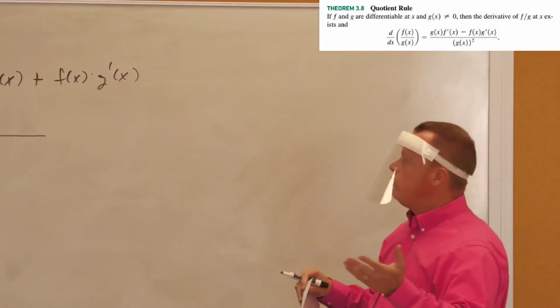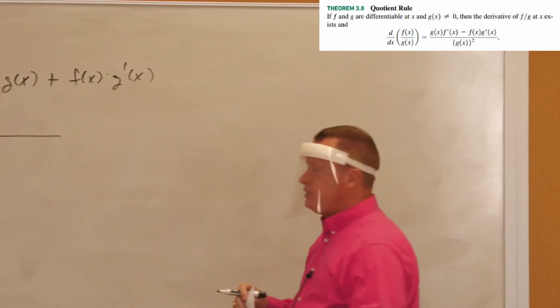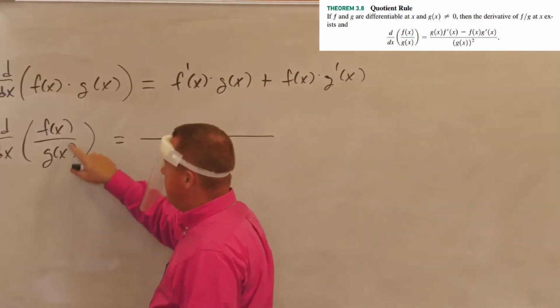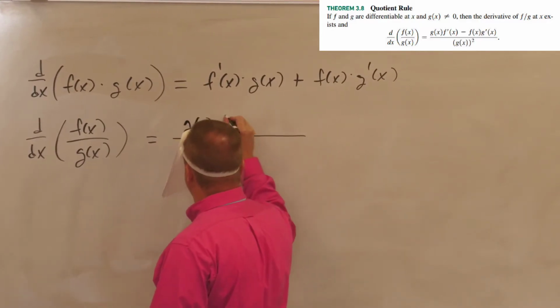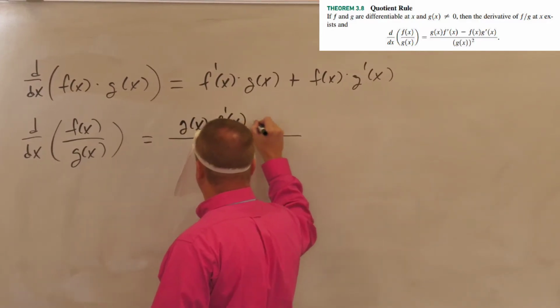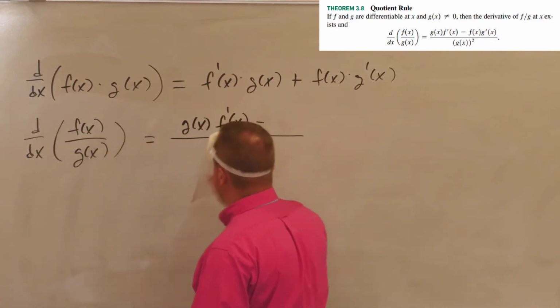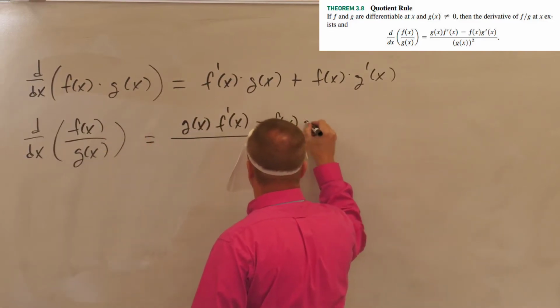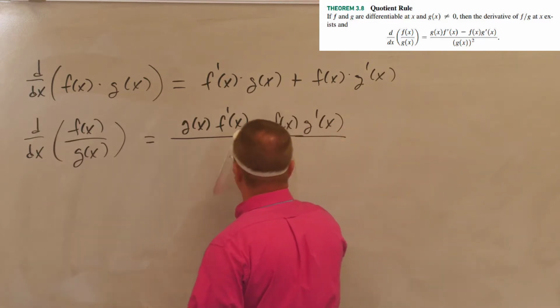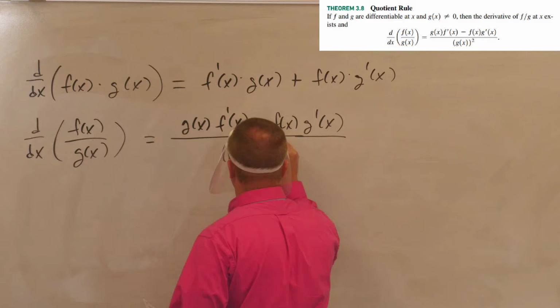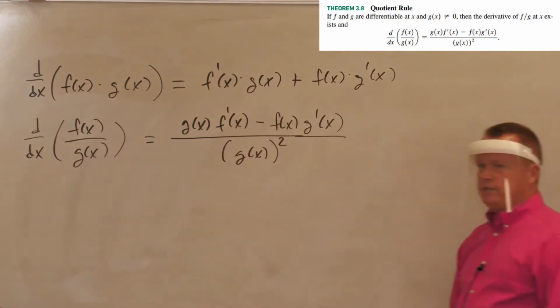Well, you start with the bottom. So it's the bottom times the derivative of the top, so g of x times the derivative of the top, minus the top times the derivative of the bottom, over the bottom squared. That is the quotient rule.